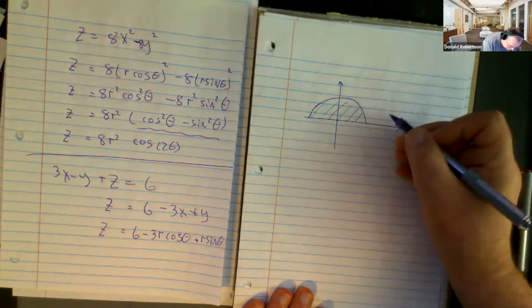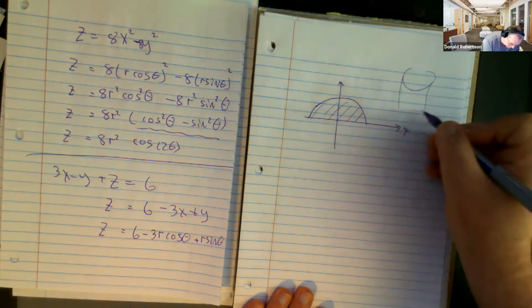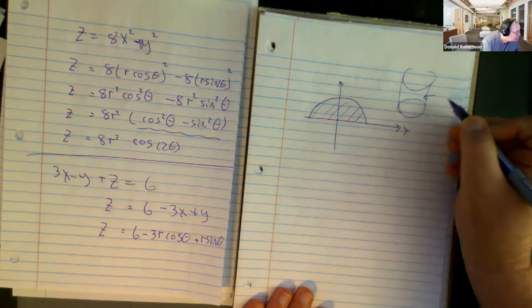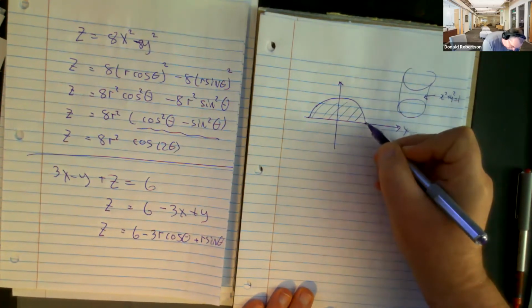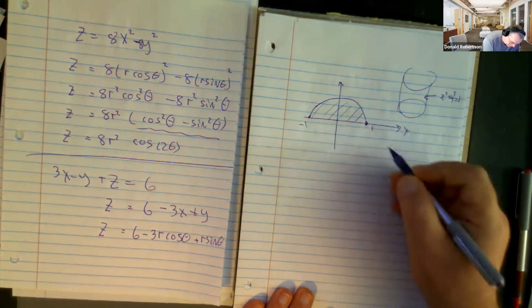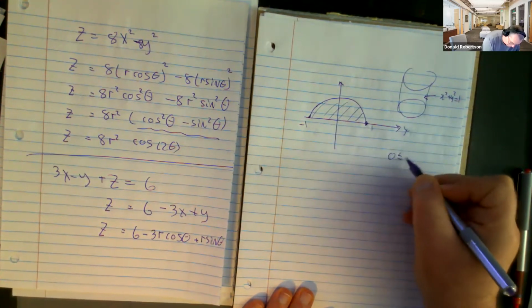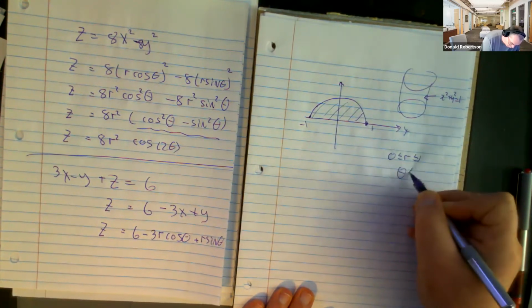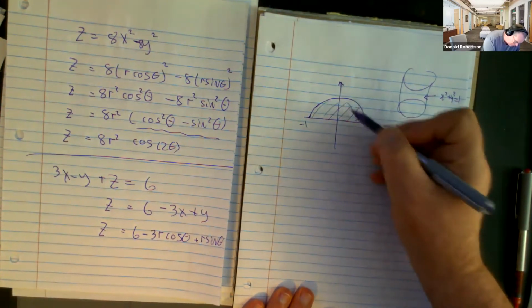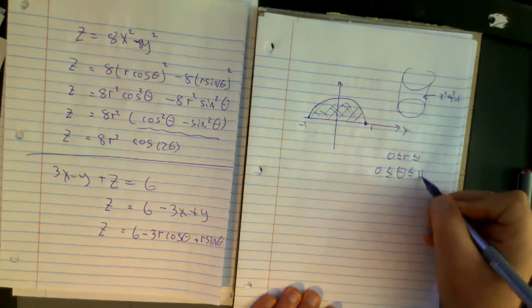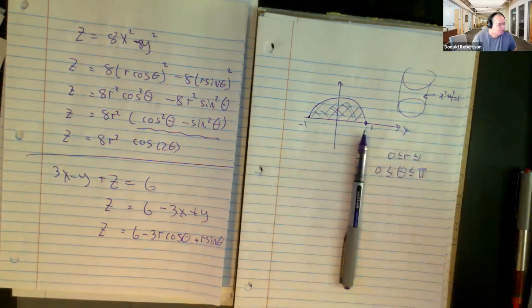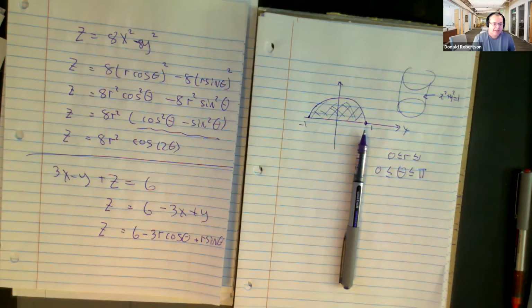Well, they told me that it's part of a cylinder, and the equation of this cylinder is x squared plus y squared equals 1, which is just basically telling me that I have a circle of radius 1. But what will be the range of theta to generate this half circle? Zero to pi. Agreed.